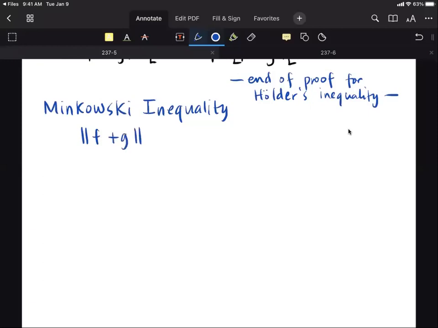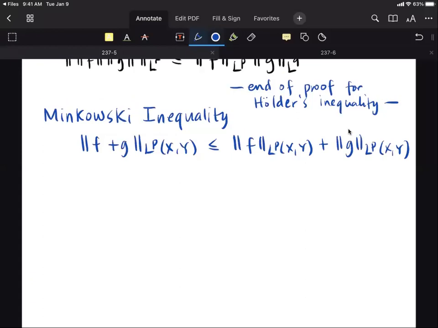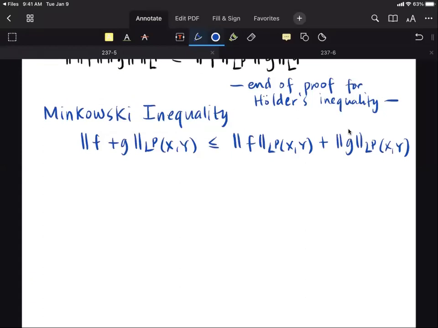Well, this is nothing but the triangle inequality, in fact. So the norm of the sum is less or equal to the sum of the norms. Take note that we already showed this in the case where P is equal to infinity.